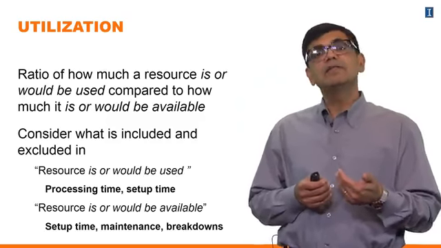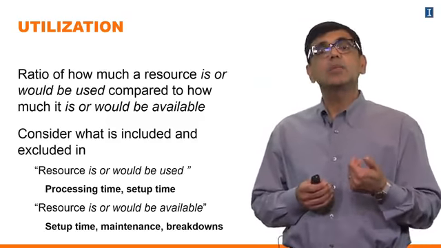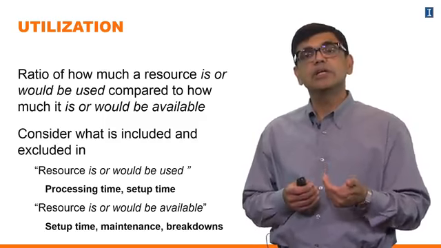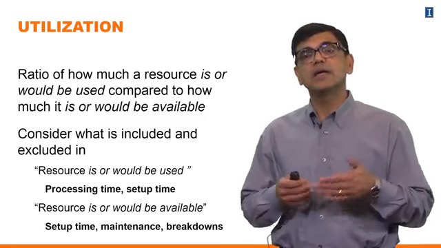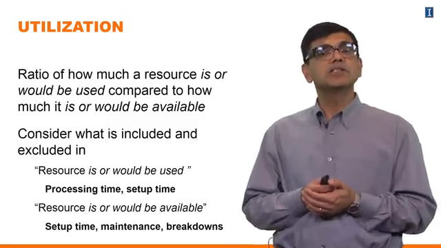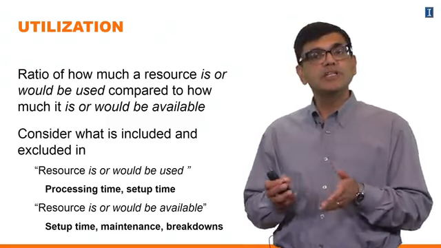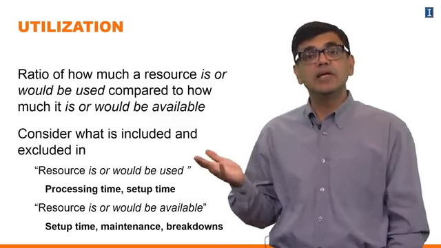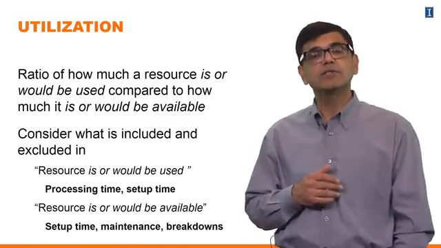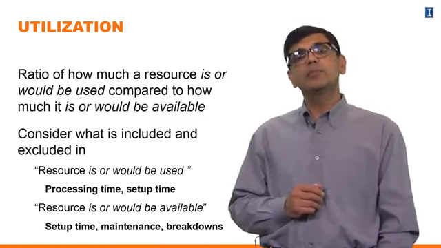Similarly, when you're looking at the availability of the machine, are we talking about the availability from an 8 hours in a day perspective, or are we saying we expect a certain percentage of time for it to be down for maintenance reasons? Maybe it has a history of breaking down every so often, so we allow a little bit of buffer for that.